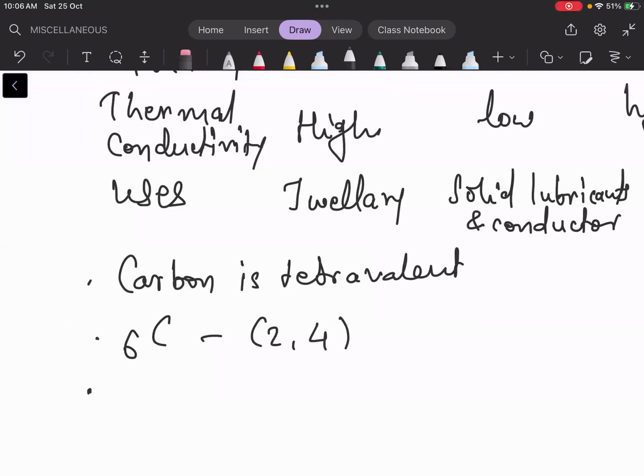Then the next property of carbon is chemical reactions.